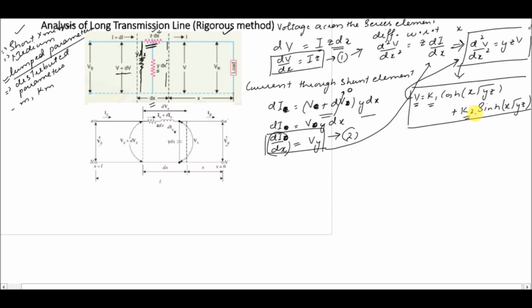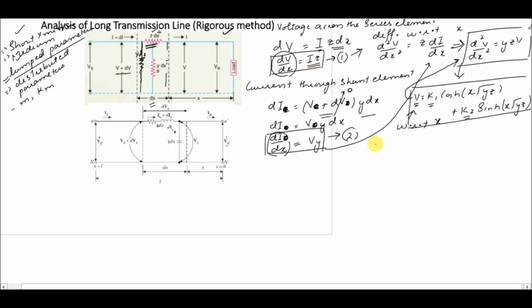But before that we should have another equation that will be representing the current. So to find that we have to differentiate this equation with respect to x, because from dV over dx we know that it is equal to current into impedance. So if I take the differential of this voltage equation, that will give you an equation in terms of Iz.